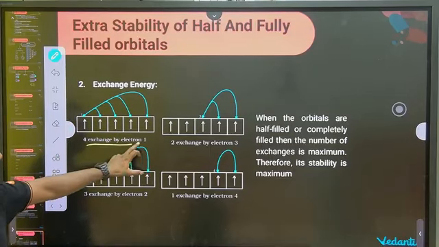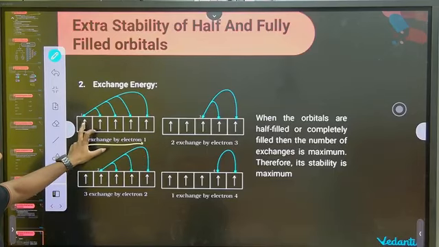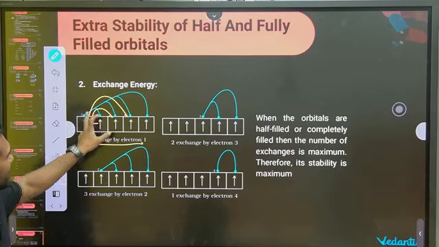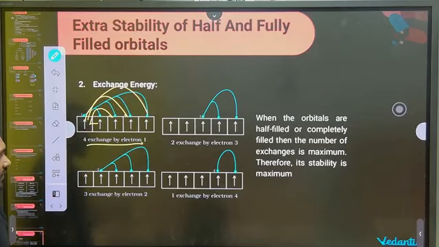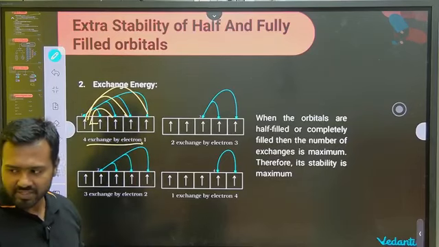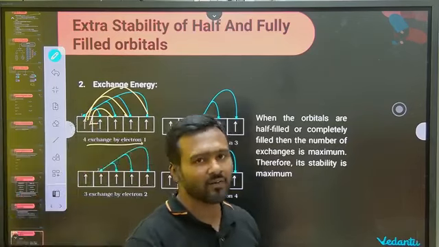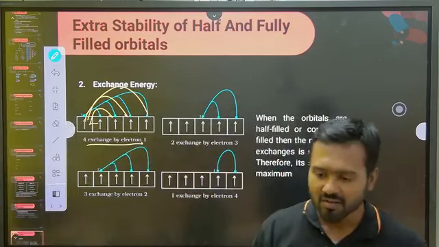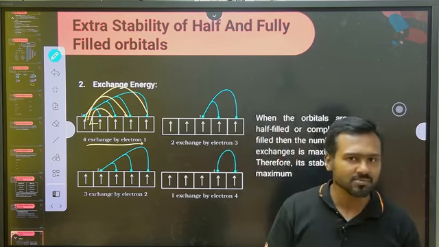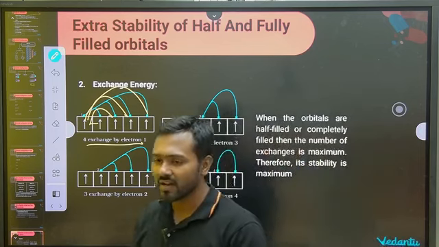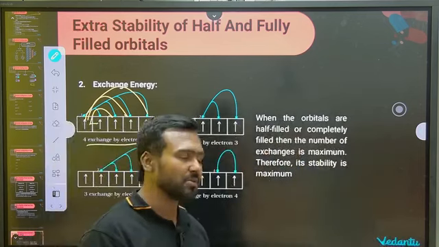Here, one electron can exchange with this, with this, with this, and with this, four exchanges. For each exchange, it will release some amount of energy. The system which has less energy is more stable. That's why fully filled and half-filled configurations are more stable.